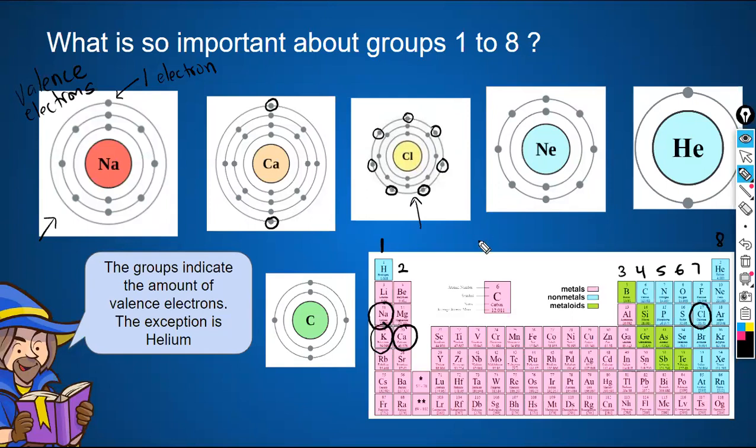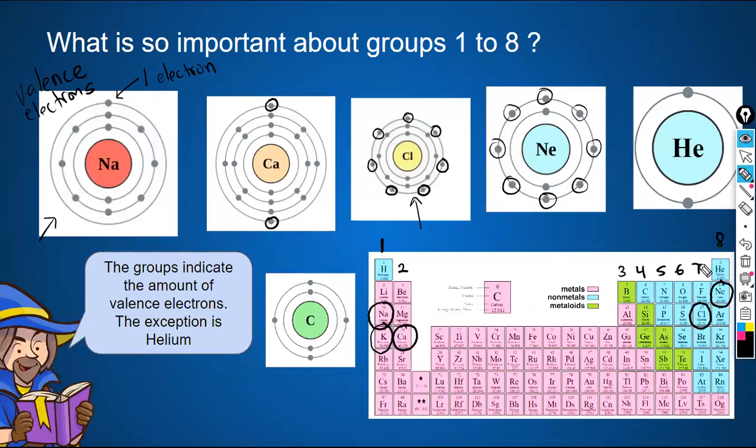That is why chlorine is placed in group 7, because everybody in group 7 will have 7 outer electrons. Neon is in group what? Neon is in group what? 8. So guess what? How many outer electrons would you have? 1, 2, 3, 4, 5, 6, 7, and 8.